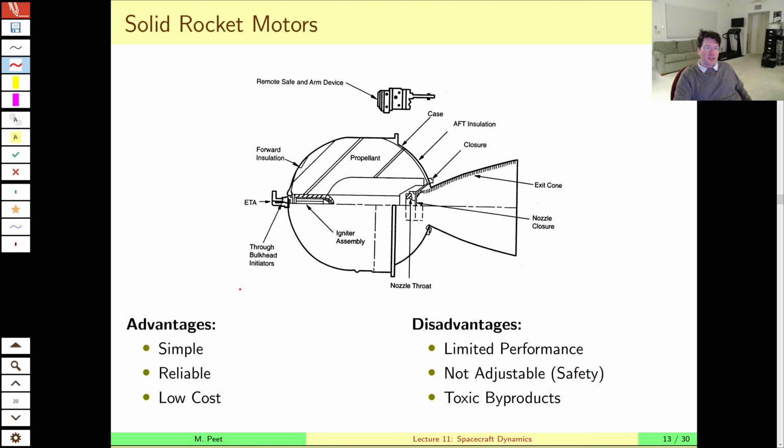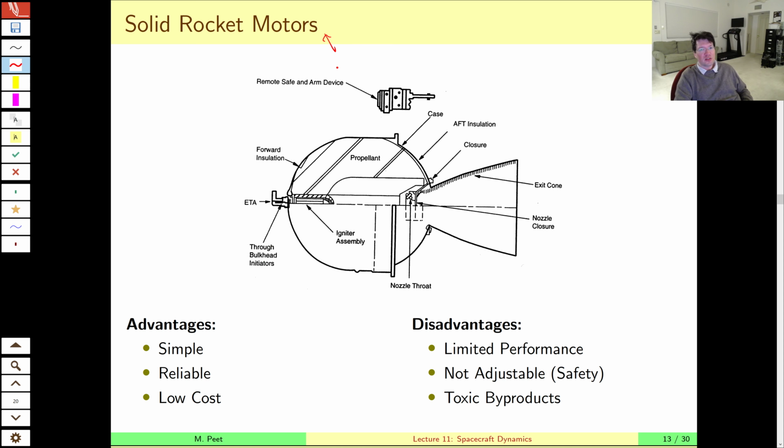First, we're going to take a small detour and talk about the various types of rockets that are used, and so the advantages and disadvantages of each, and when they're used. We'll start with the most basic rockets, solid rockets.